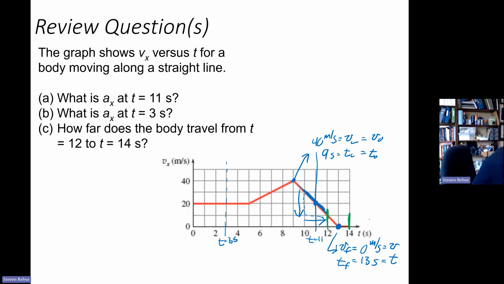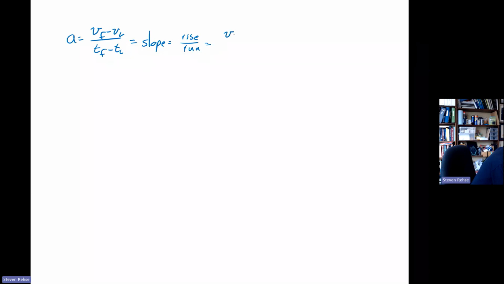So let's go ahead and plug this in. It says acceleration has to equal v minus v0 over t minus t0, as we just went through on the other page.